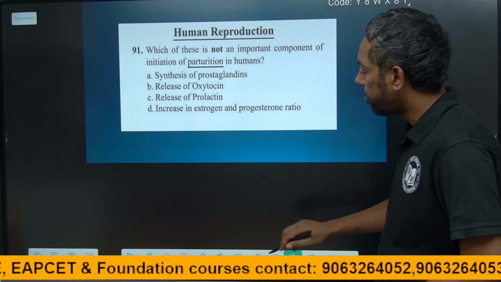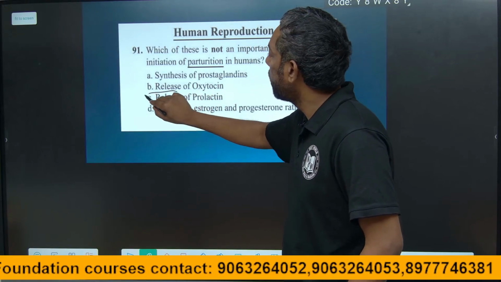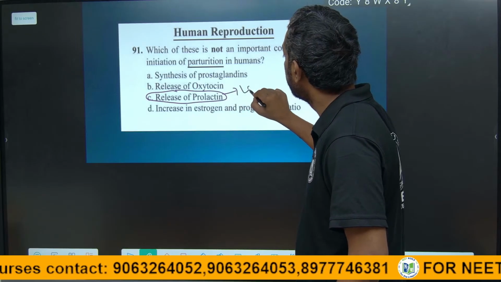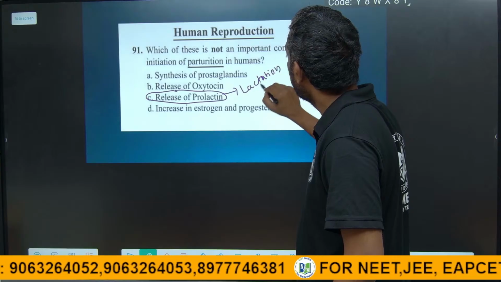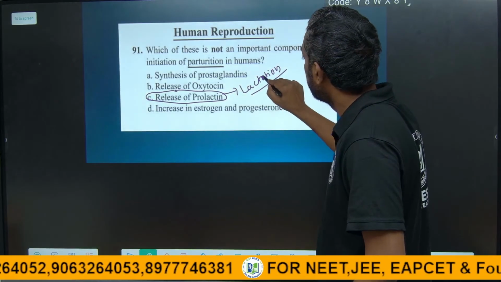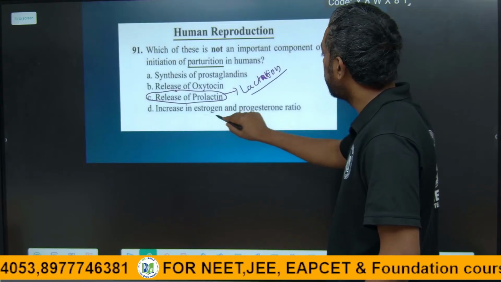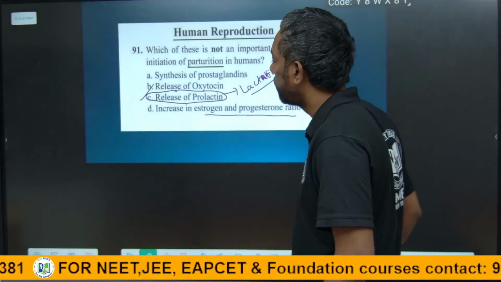So release of prolactin is the answer, guys. This cannot encourage parturition, it encourages lactation. Increase in estrogen and progesterone, of course. C is the answer, guys.